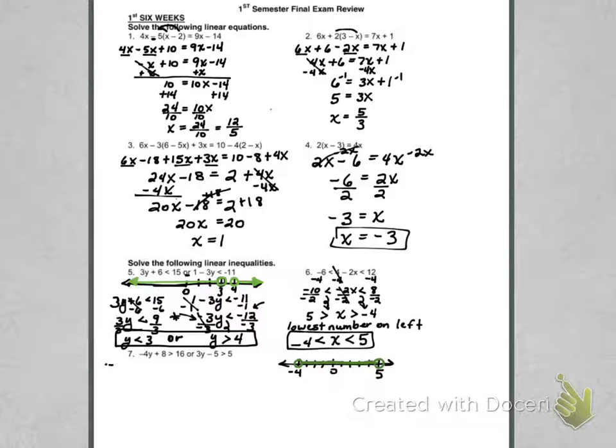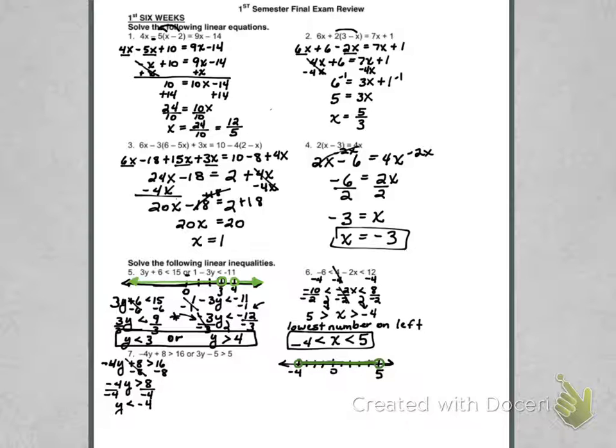Negative 4y plus 8 is greater than 16, minus 8 minus 8. And then that leaves us with negative 4y is greater than 8. When you divide by a negative 4 again, dividing by the negative means I have to turn the sign around, so y will be less than negative 4.